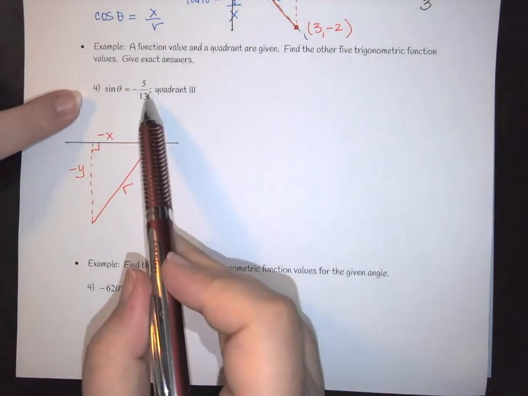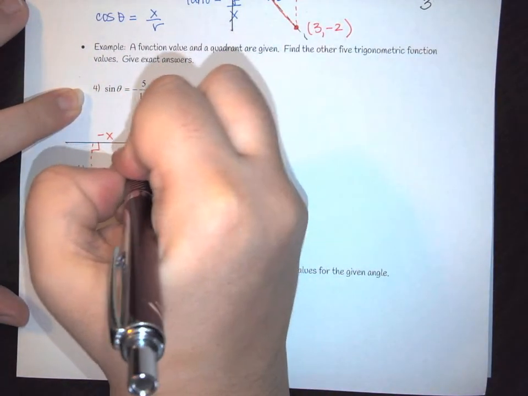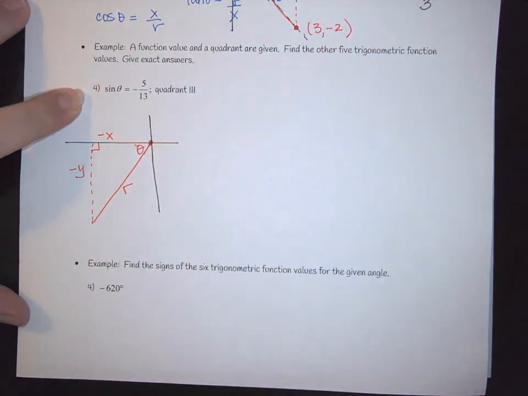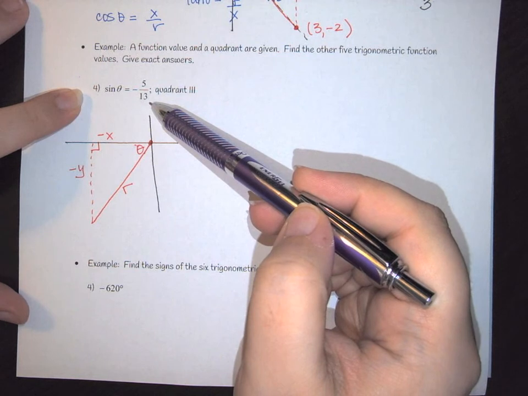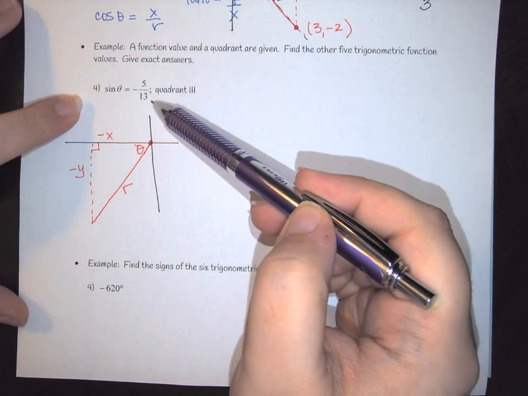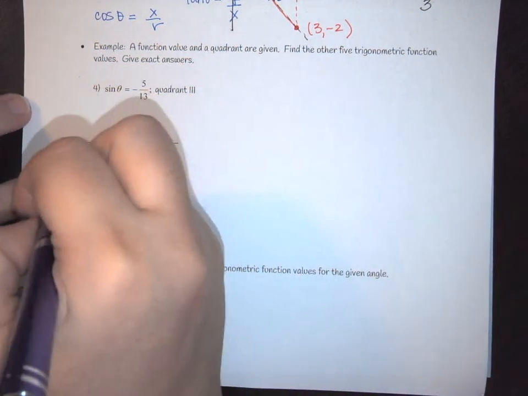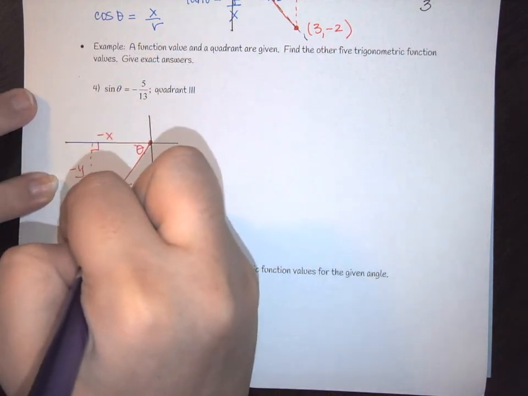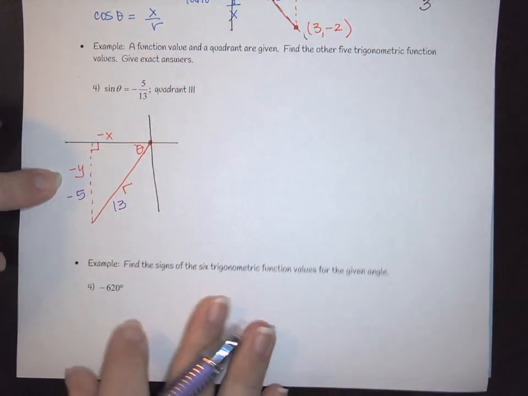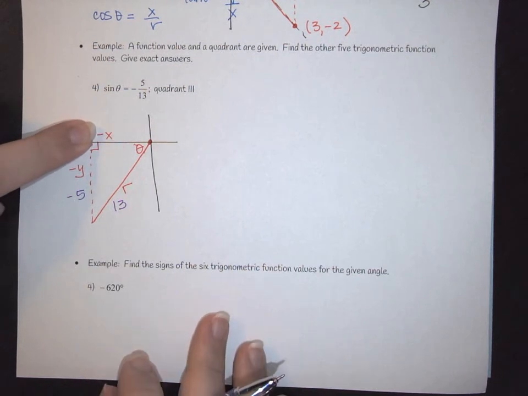In this case, if this is my theta, my sine is negative 5 over 13. So this is telling you opposite over hypotenuse. The opposite is negative 5, and my hypotenuse is 13. What I haven't told you is the x.